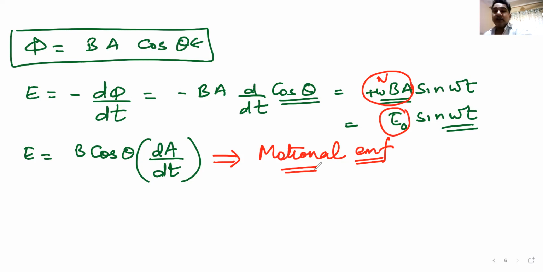Yes, sir. So whenever we are talking about the motion of a conductor and the area being changed, we have to solve that question using what? Motional EMF. Do we get this? Yes, sir. The third way is by changing magnetic field with time.